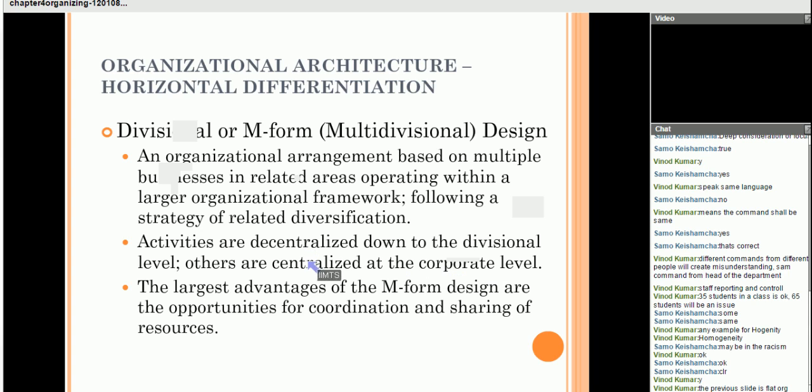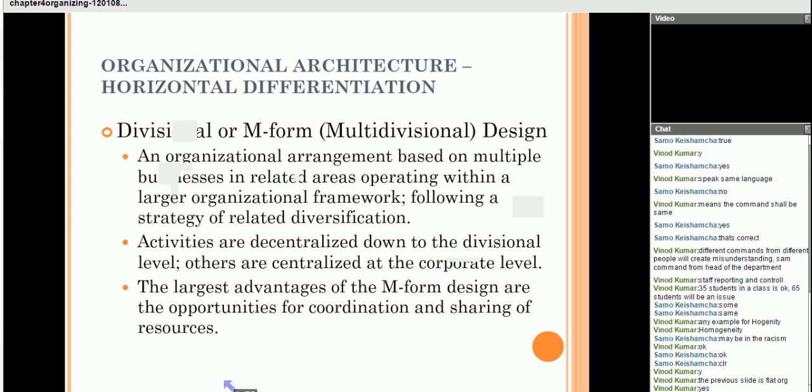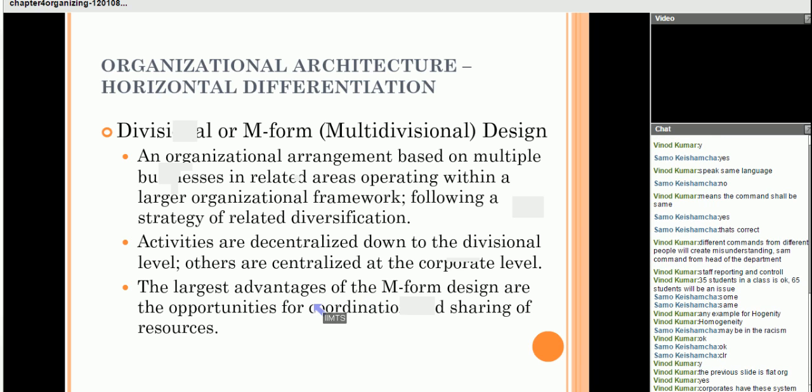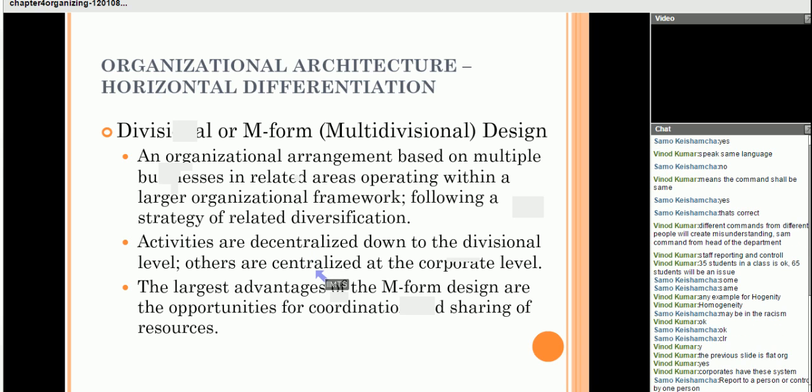You understand the meaning of centralization and decentralization in the organization? Vinod understands that. Yes, centralization is when activities are centralized, meaning they are governed from the top management.